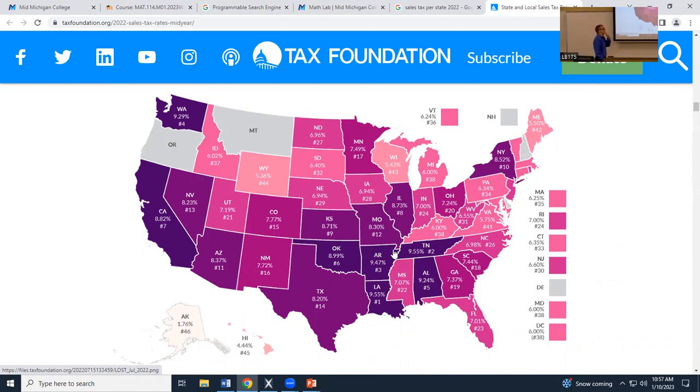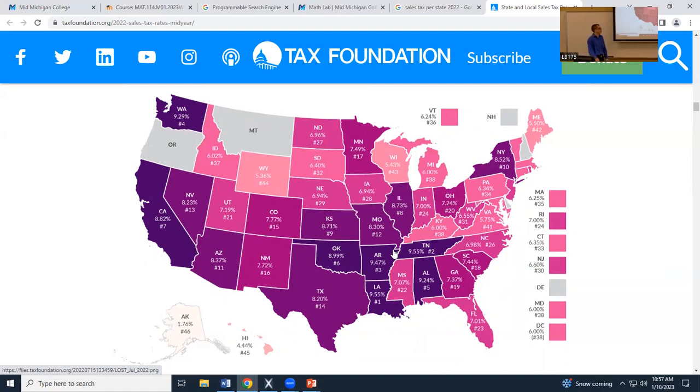Now that's the statewide sales tax for Illinois, I believe. I don't think it's averaged. I think that's the statewide sales tax. And again, if you go into Chicago, it may be a little bit higher in that municipality. In certain cities, they apply an extra sales tax on top of the state sales tax.